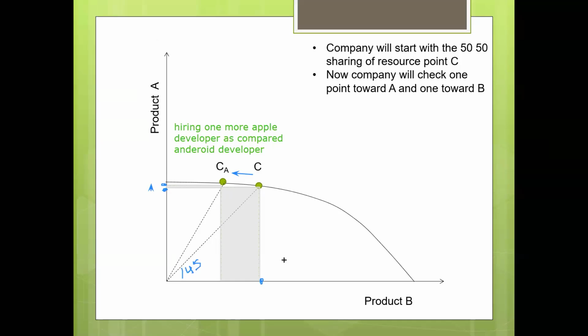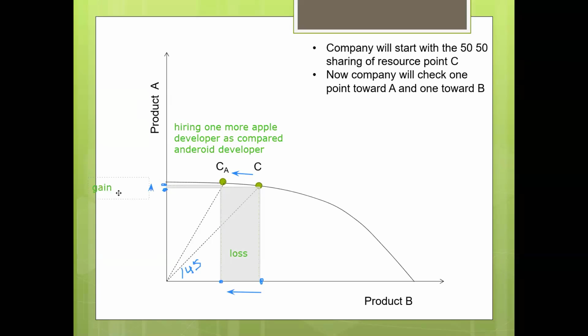Okay, because he's moved from C to CA. But how much has Android been decreased? Let me make a dot first. So this much Android production has been decreased. So if you look at here, this is our loss and this is our gain.